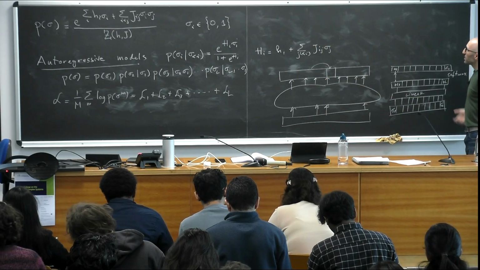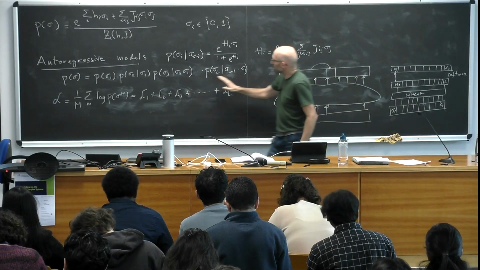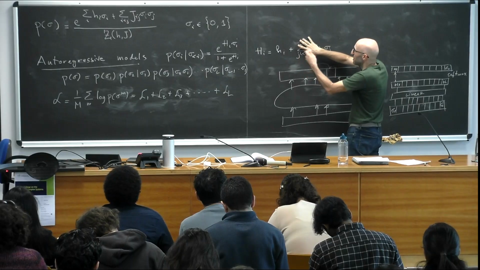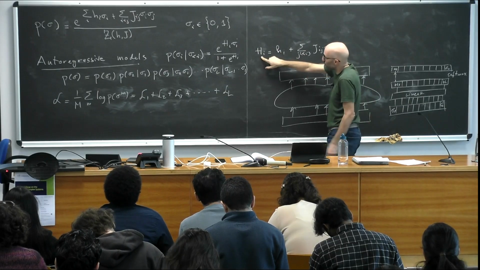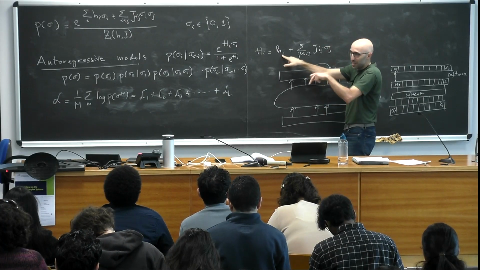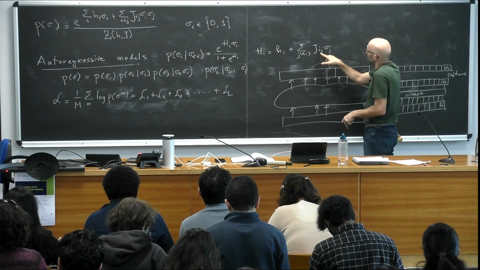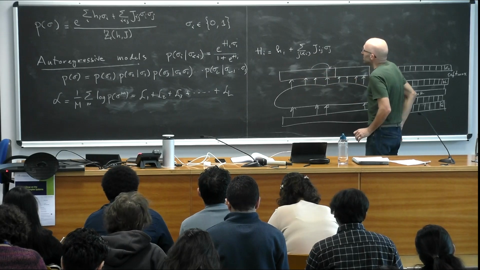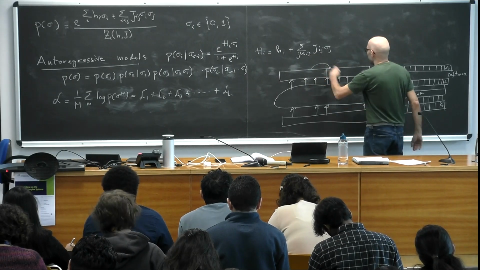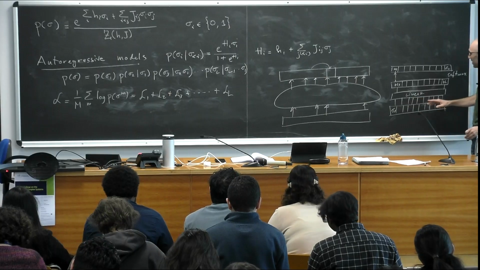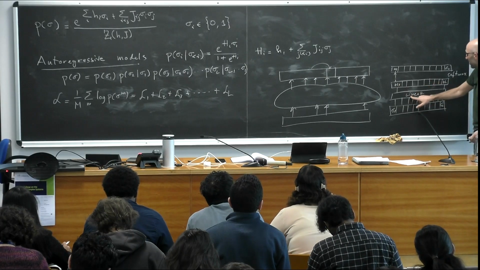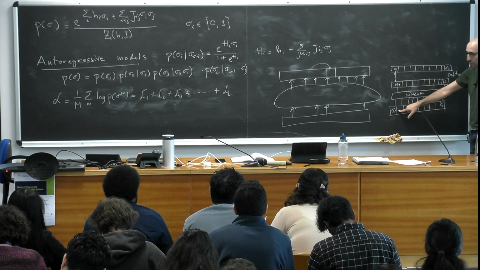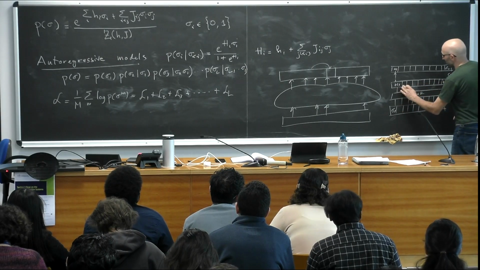Okay? And then for each term, I have a field. So I have h1, which is just a field. Capital H2 will be a field h2 plus J 2,1 sigma 1, and so on and so forth. So what you're saying is that, again, this is an autoregressive architecture where each field, capital H, is a linear combination of the input, but the input is restricted only to the previous ones.